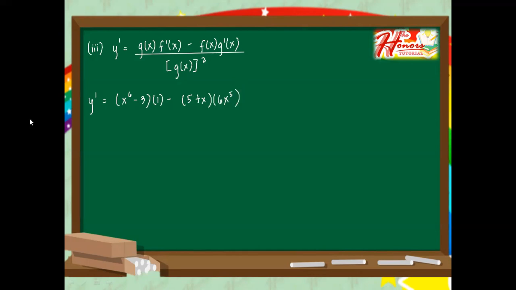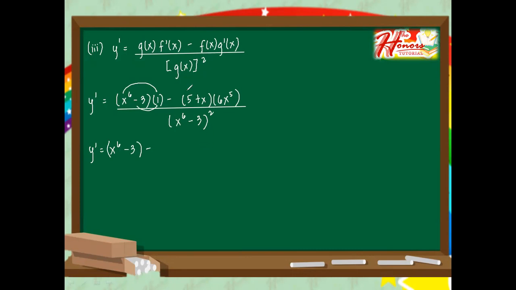And then over the quantity of g of x raised to 2. So g of x is the quantity of x raised to 6 minus 3 raised to 2. Let's continue solving. So we have here y prime is equal to x raised to 6 times 1, so that is x raised to 6. Then negative 3 times 1 is negative 3. Let's put it in a parenthesis first.